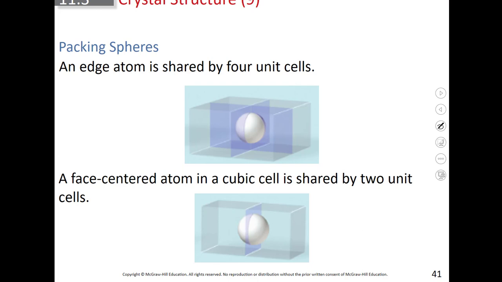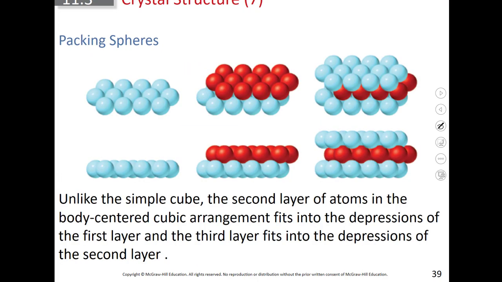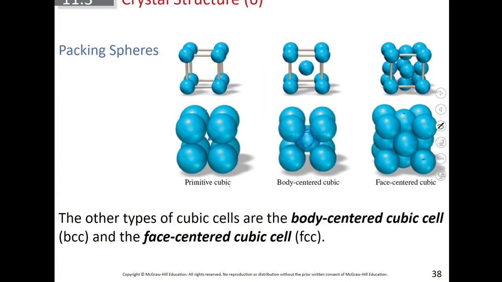Each cell has what fraction of the mass of a face-centered atom? Half. Good. And then, I don't think there's a slide for it, but the body-centered cube, the atom in the center of that body isn't shared with anybody, so its entire mass ends up inside.